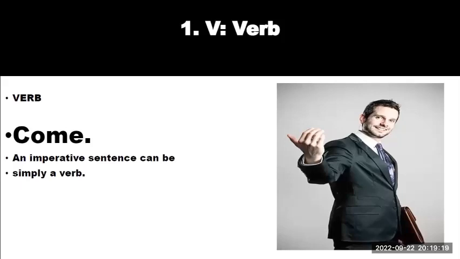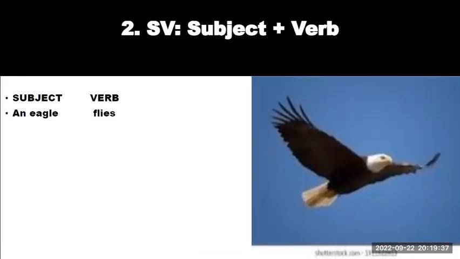Or run, stand, sit. These are verbs that are used in giving specific instructions, and they can express a complete thought. And by virtue of being able to express a complete thought, they can be looked at as a sentence.